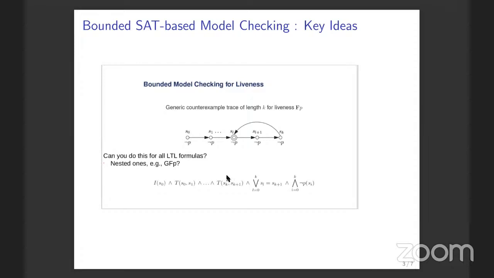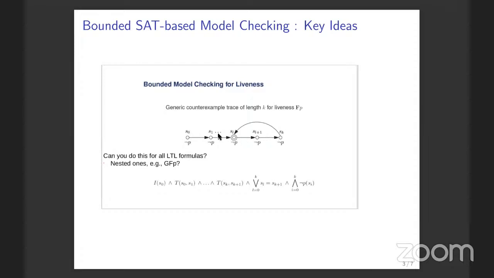So in order to check simple liveness, in addition to having this path constraint, you also need to ensure that you have reached a lasso. The lasso part says that the state at S_k, at the kth point, you have already seen at some point before.